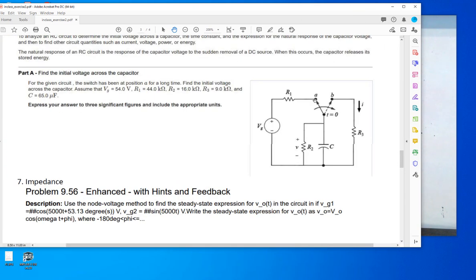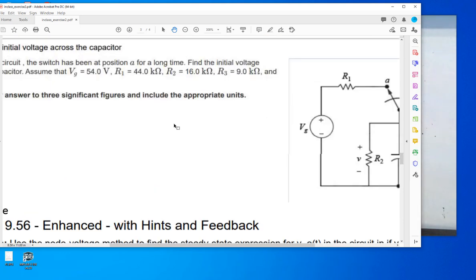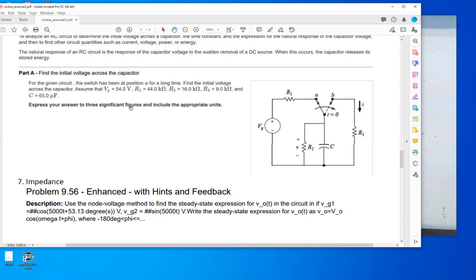So the switch has been at A for a long time. What's the initial voltage across C? VG is a DC voltage, 54 volts.